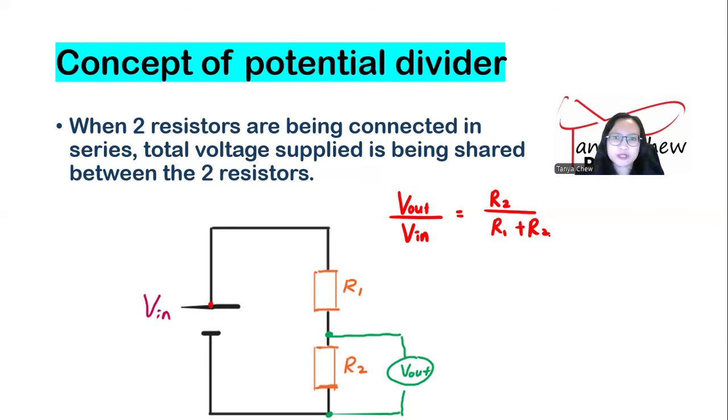So when you get this ratio, whatever question comes, if they ask you to find V input, they must give you the value of V output. If they ask you to find V output, they have to give you the value of V input. They have to give you the value of R2, and they have to give you the value of R1.